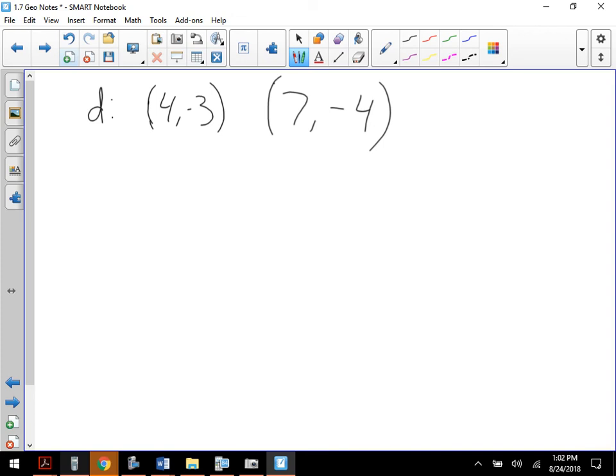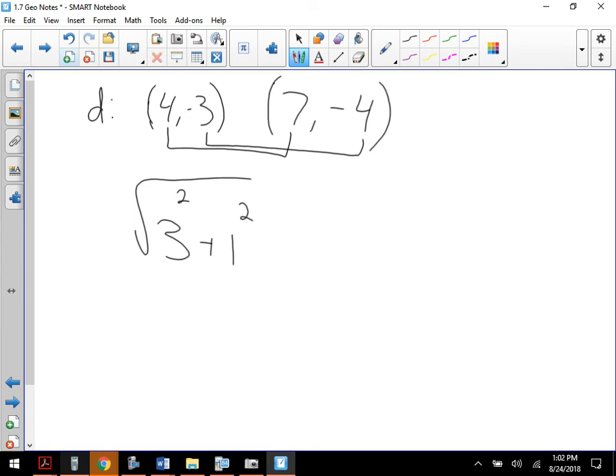I don't need a graph. Okay? I know that if I know how far apart 4 and 7 is, it's 3. I square it. How far apart is -3 and -4? It's 1. Distance. Are distances ever negative? Nope. They're just 1 apart. I square it. Take the square root of all that.